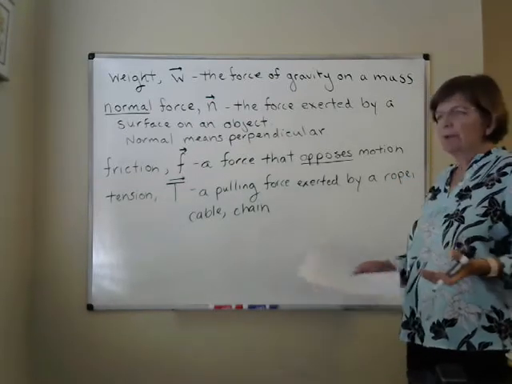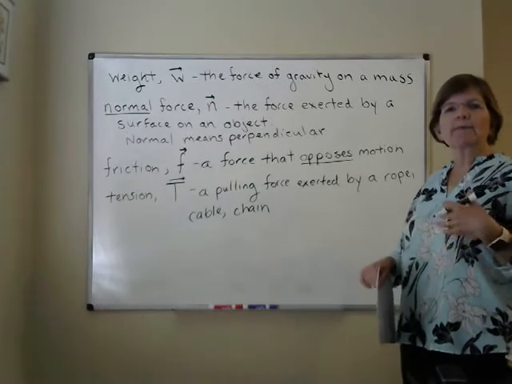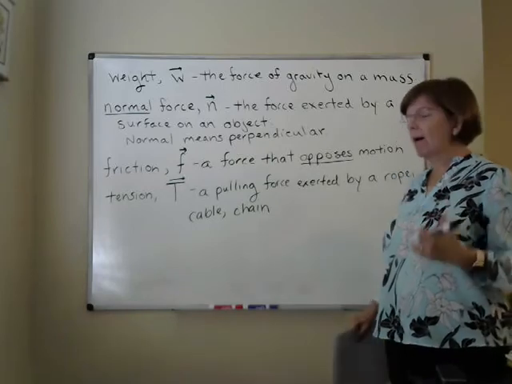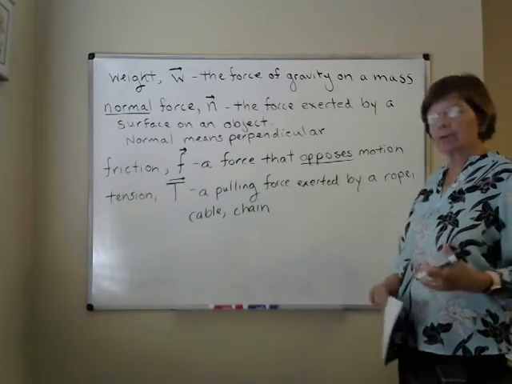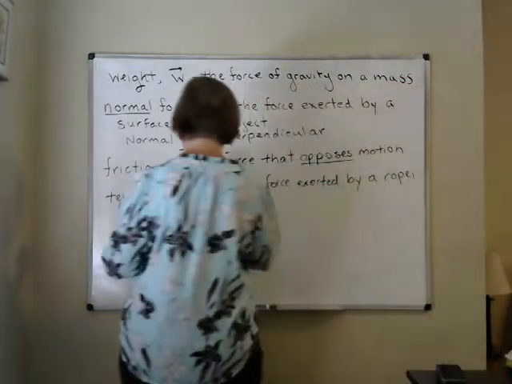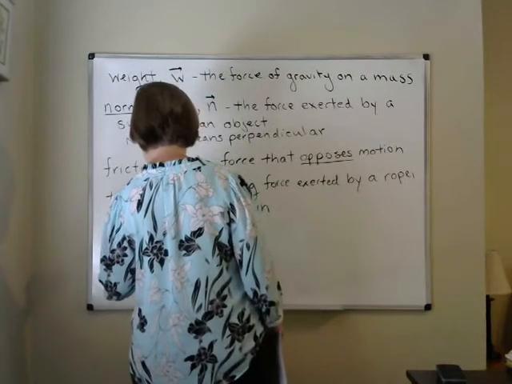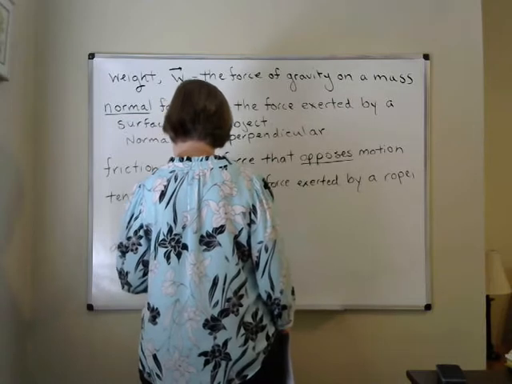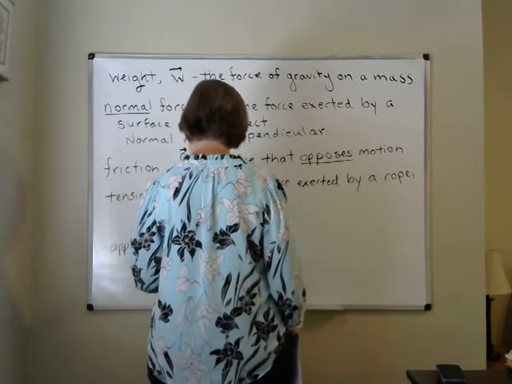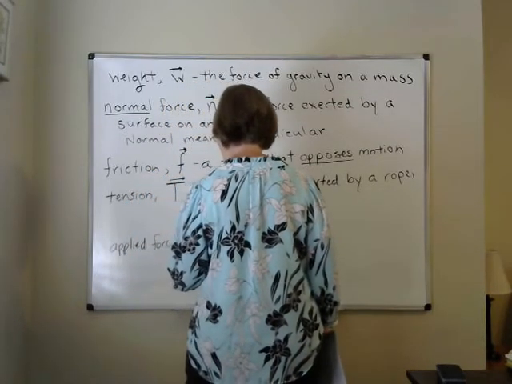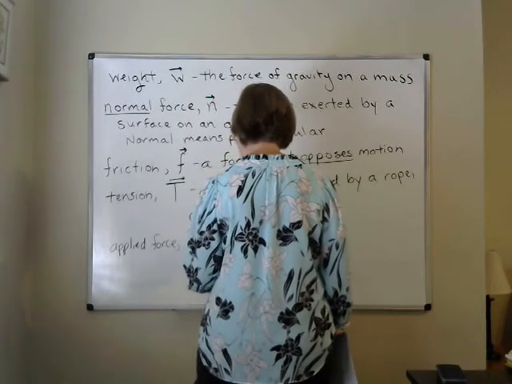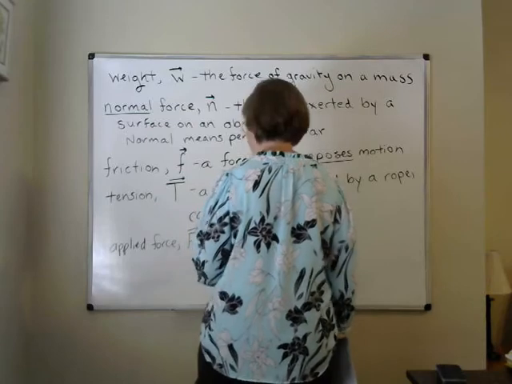Now, there's a whole lot of other forces where somebody's pushing a car or pulling a sled. Those are generally what we'll just call an applied force. Some person or some animal or some object pushes or pulls on something else. And for an applied force, I usually use an F with a little a, but some books will use a capital P for a push or pull.